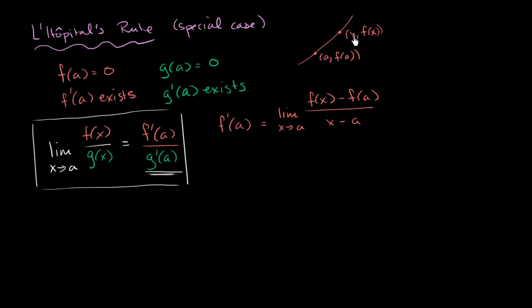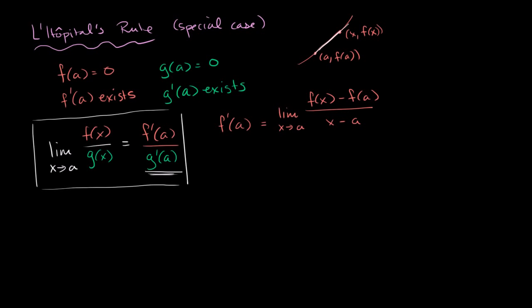The change in our x value is x minus a. So this expression is just the slope of this line, the line that connects these 2 points. And we're taking the limit as x gets closer and closer to a.